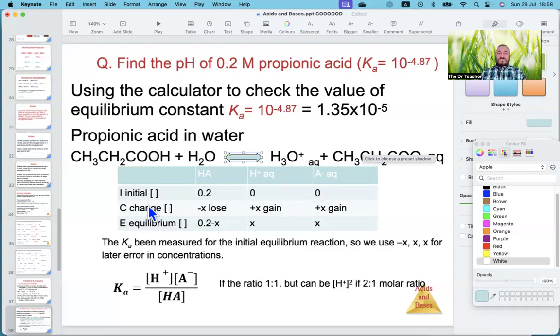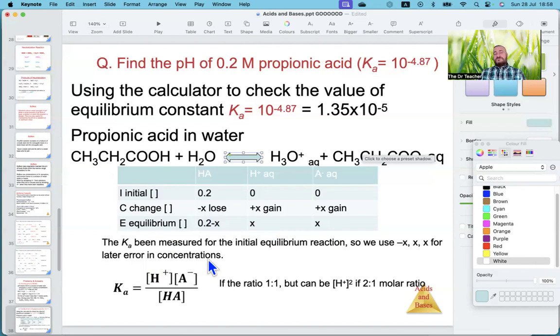After changing, this propionic acid has lost some of its concentration, we say minus X. But the hydrogen has been formed and A, the base, has been formed, so they gained plus X. At the equilibrium, what happened? The initial minus the loss, and here we still have X and X.